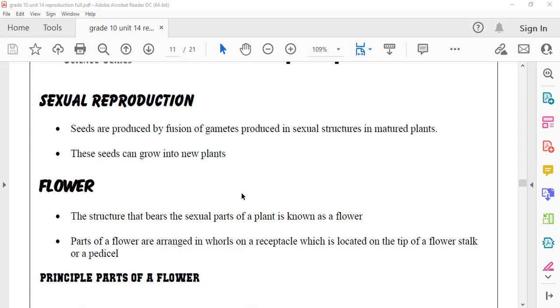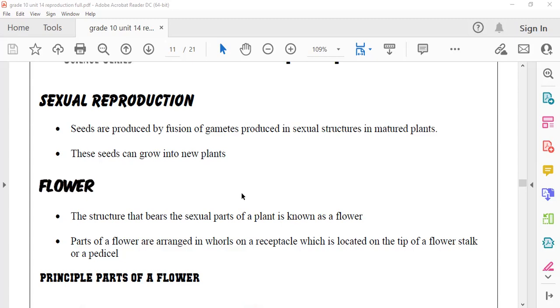The two gametes, the sperm gamete of father and the egg gamete of mother, fuse together to make every individual in this world. Similar to that, in plants also, there are male gametes and female gametes, and they fuse and make new plants.